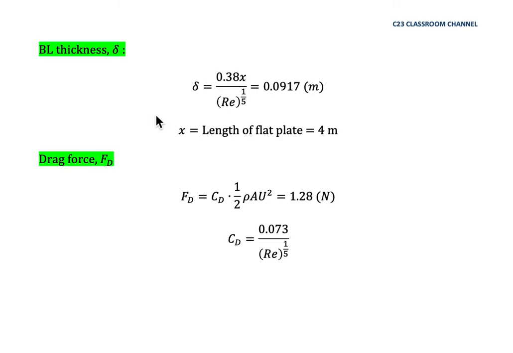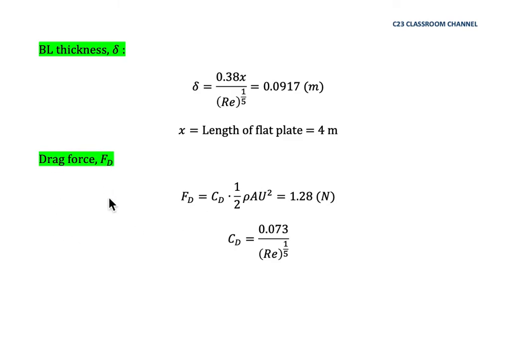From the previous lesson, we get that delta is equal to 0.38x over Reynolds number to the power of 1/5. We substitute the values here according to the question, and we get 0.09917 meter. According to the question, the length of the flat plate is 4 meters.